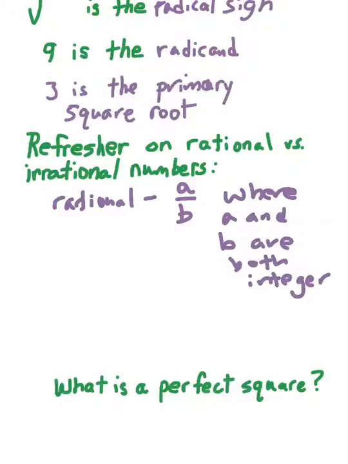So many numbers we work with can be that way. Whole numbers like 5 and 36, and negative integers, -3, -15, can all be written over 1, so they're rational. They can be written in A over B form.